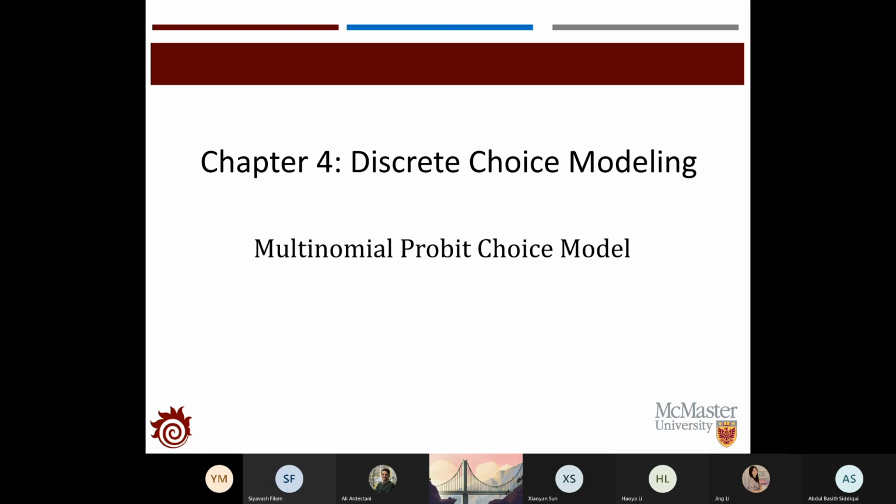In addition, we assume that those random terms are not necessarily independent of each other. So we accept that there is some covariance, or correlation, among multiple random terms. Let me first give you the background about the probit model.